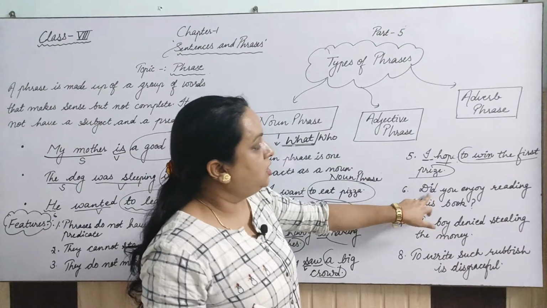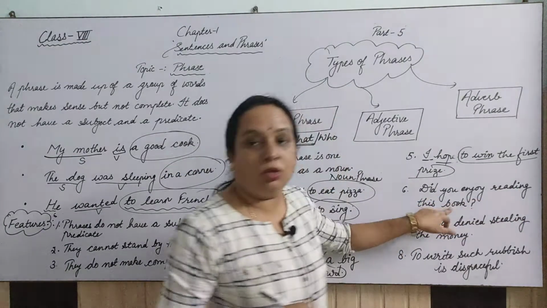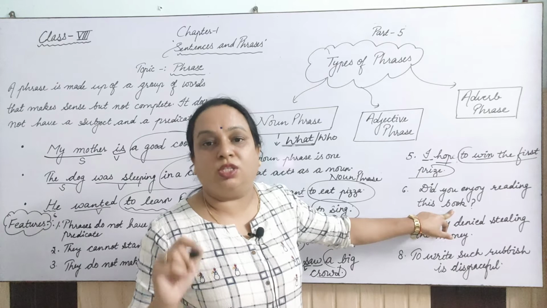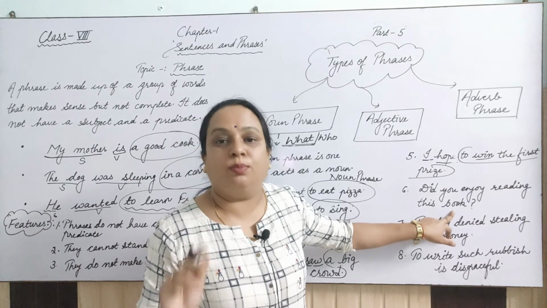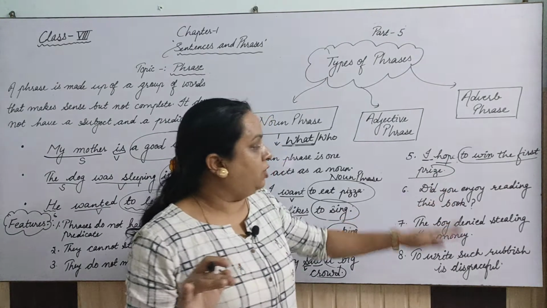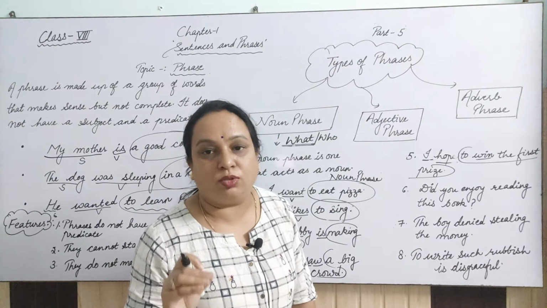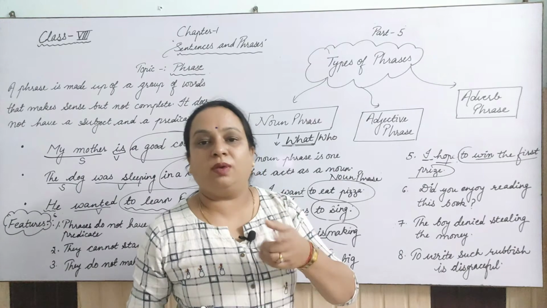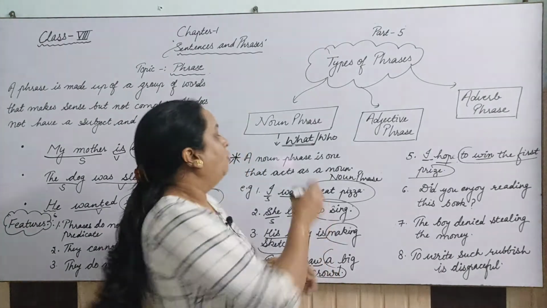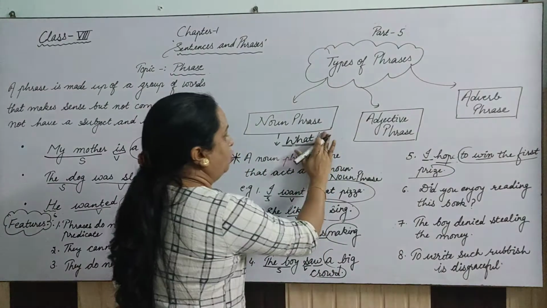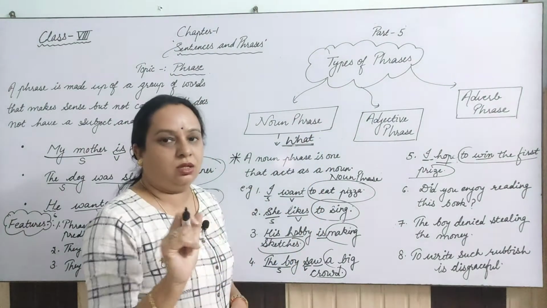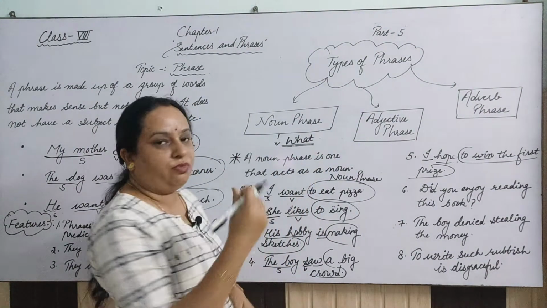Next is, did you enjoy reading this book? Did you enjoy reading this book? Right? Now what you have to do, you have to sort out first the subject, and then you have to sort out the verb, and then you have to frame the question with the word what. You can remove this who, because in your syllabus I think there is nothing which you can frame with who.